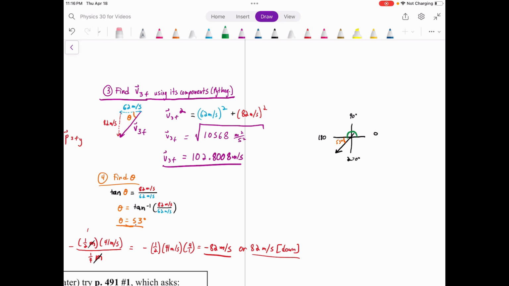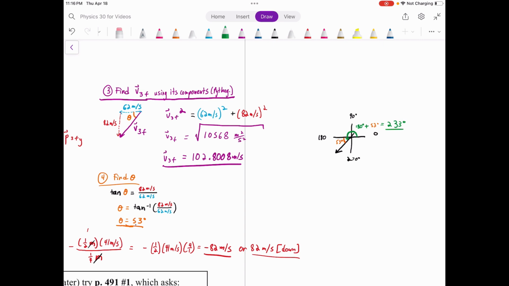Starting from the positive x-axis. We went past 180. How far? By 53 degrees. So the actual angle will be 180 plus another 53 degrees, giving us 233 degrees.